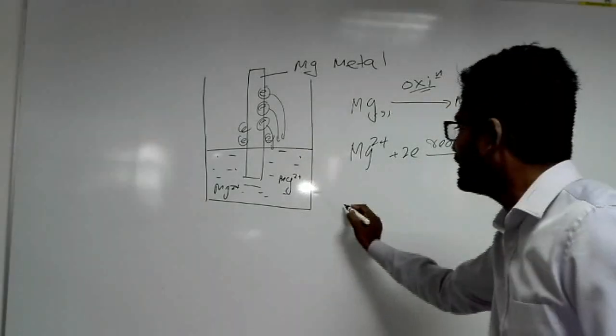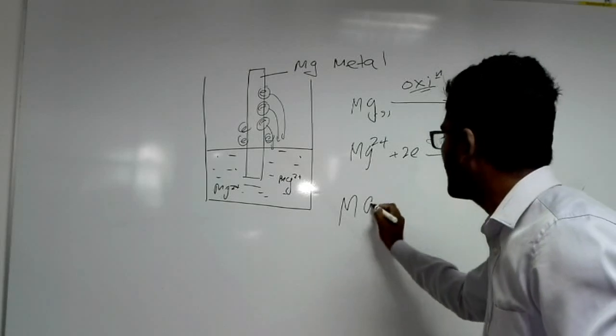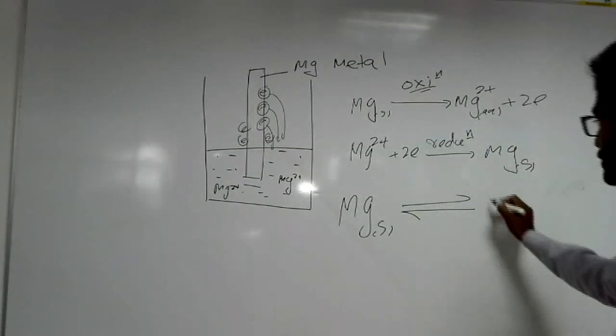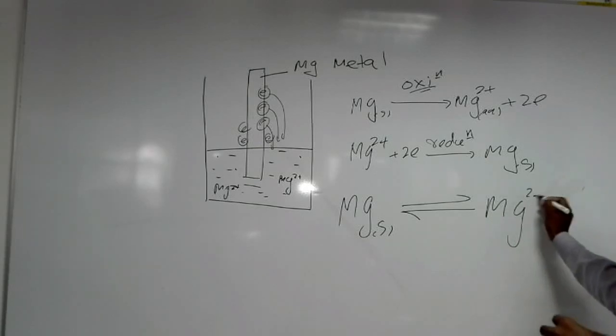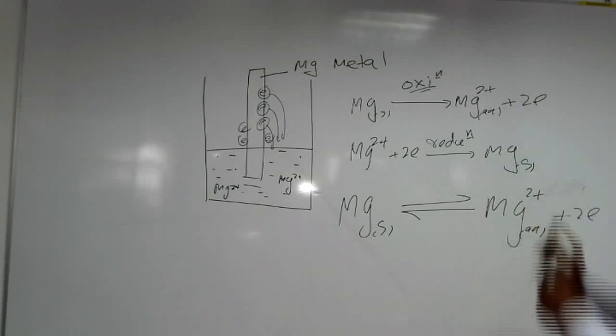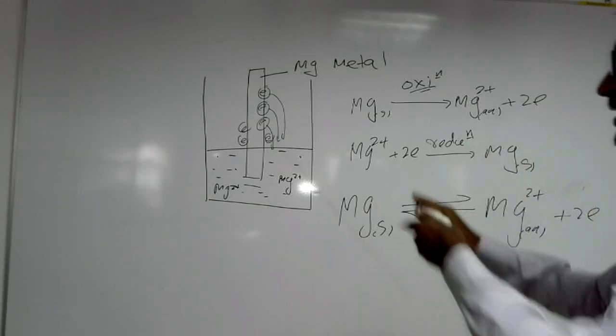You can see in this reaction that magnesium solid converts into magnesium 2 plus, or magnesium 2 plus converts to magnesium, as a backward and forward reaction.